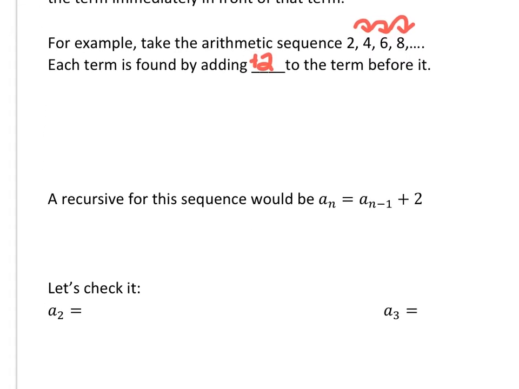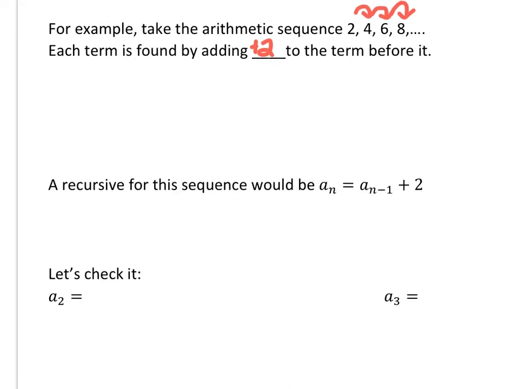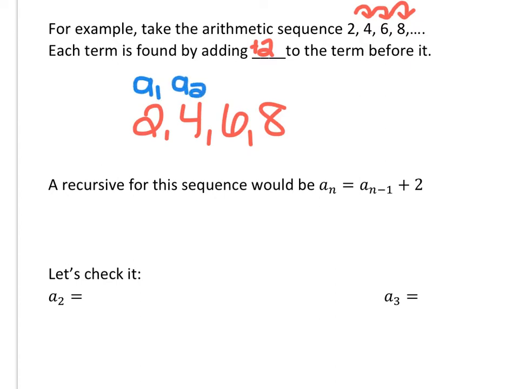Let's check to make sure this recursive formula would be right. So we have 2, 4, 6, 8. That's our sequence. And if we were to label, 2 would be A1, 4 would be A2, 6 would be A3, 8 would be A4. So let's check to make sure that this formula will give us A2.